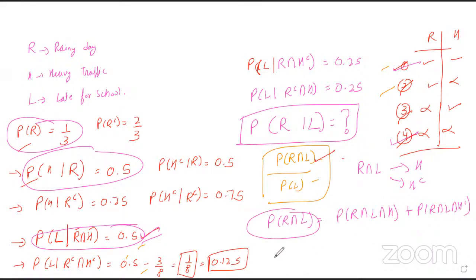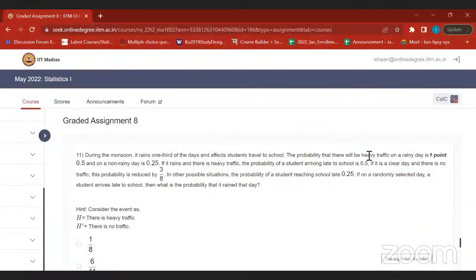One more doubt, sir: when can we take it as given and when do we have to take the intersection part? Like in heavy traffic and rain, which used given rain. Can we not take intersection, sir? No, it won't be intersection.